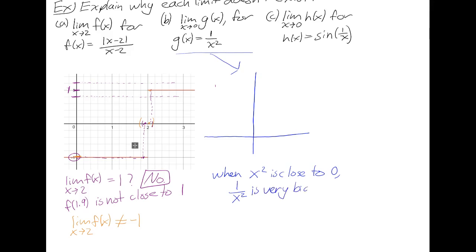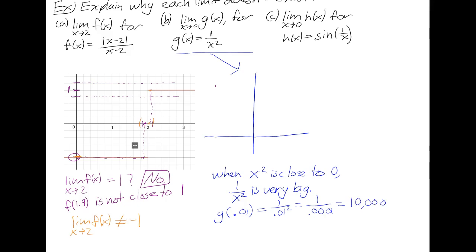That is very big. So for example, let's say we want to find g of 0.01. That's going to be 1 divided by 0.01 squared, which is 1 divided by 0.0001, which I think is 10,000.